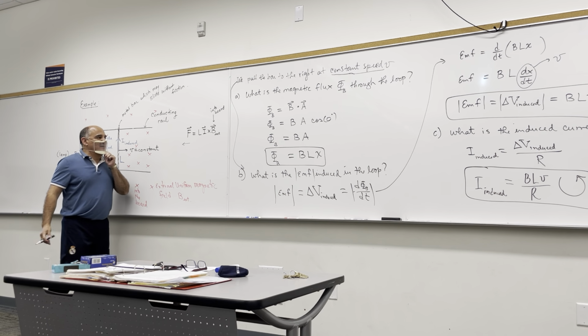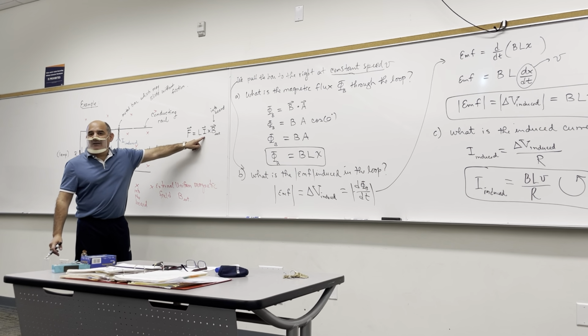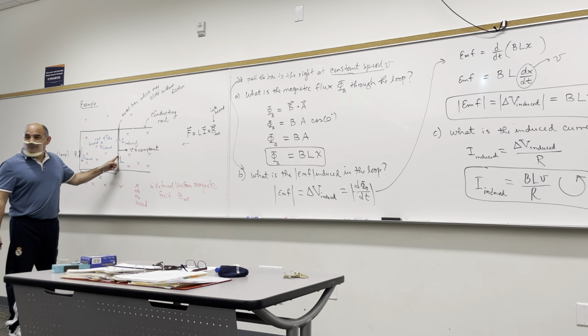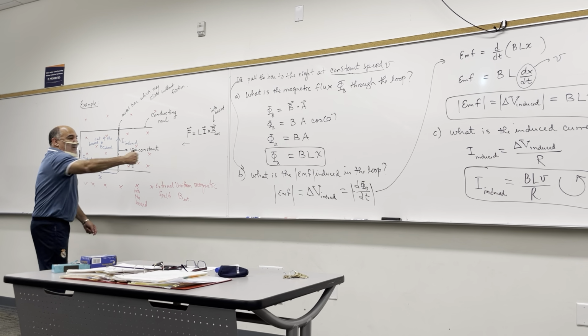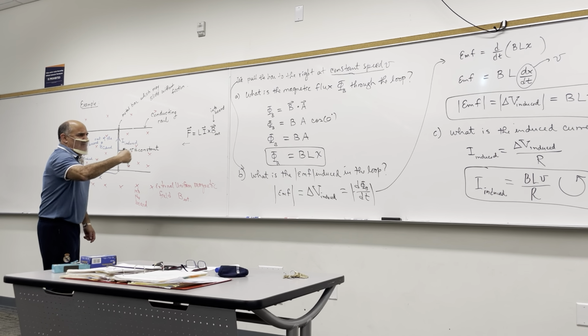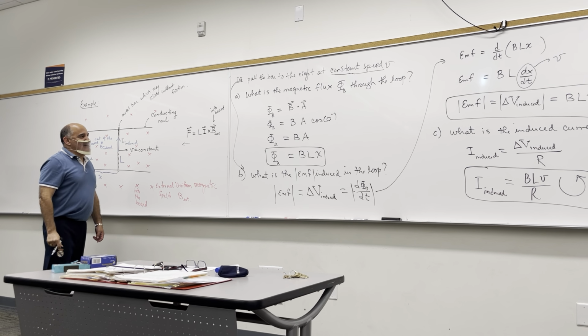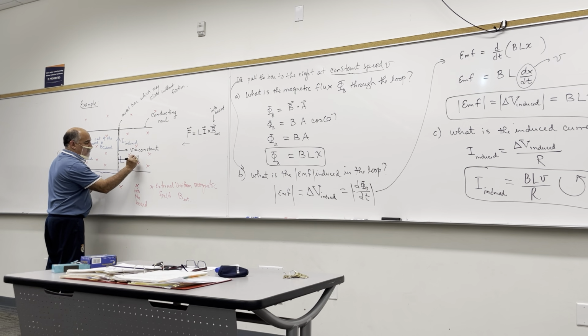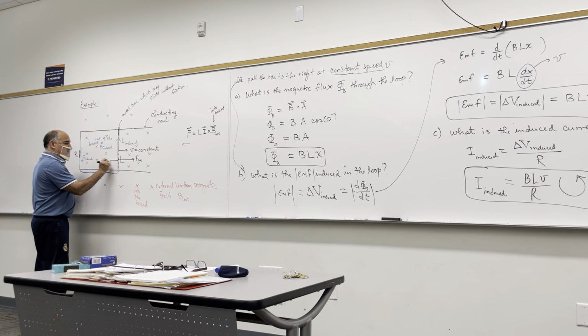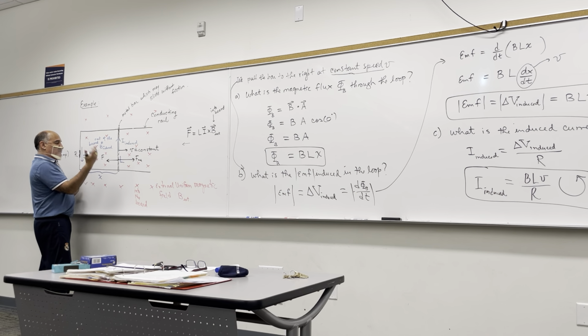If we create a current in this bar, in which direction should it be, so that as he pulls to the right, he encounters a force opposing it? The force exerted by me is to the right, and then the loop says, no, I'm going to exert a force in the opposite direction, the induced force.